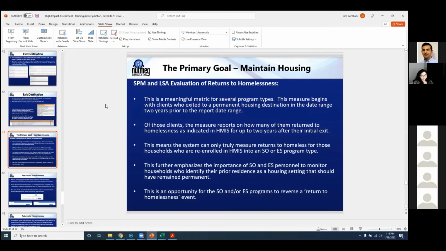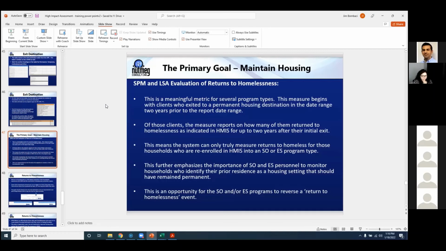So you can really only truly measure the returns to homelessness for households who were re-enrolled, because obviously if a person doesn't re-enroll in HMIS, you really have no idea unless you're keeping track of them. If you continue interventions with households for a period of time after exit, but a person loses the apartment and never re-enters HMIS, obviously you're not going to know about those households.